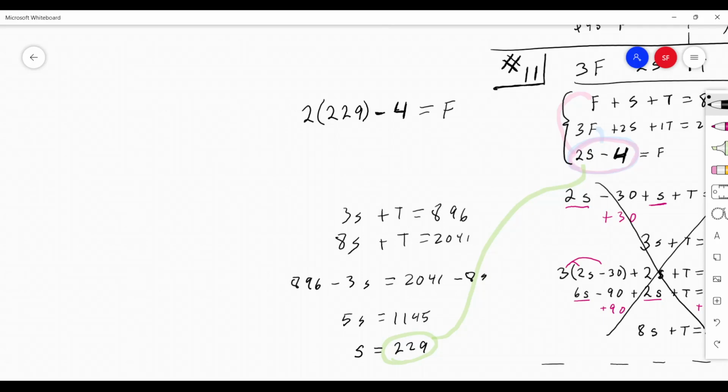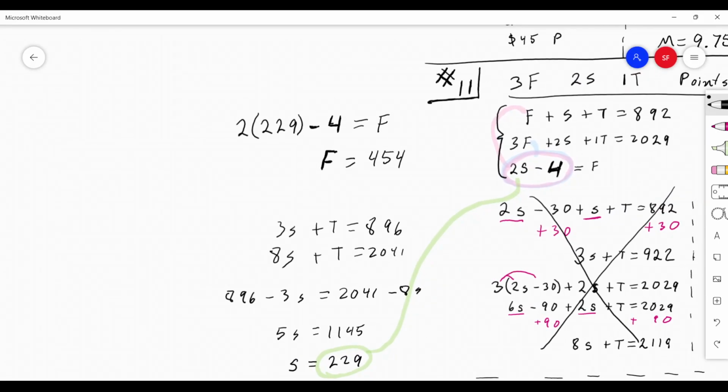Equals F. So what does F equal from that? Punch it in your calculator. Or do it in your brain. 454. Calculator. 454. Yep. 454 first place votes. Yay. And then you take and plug that into this one.